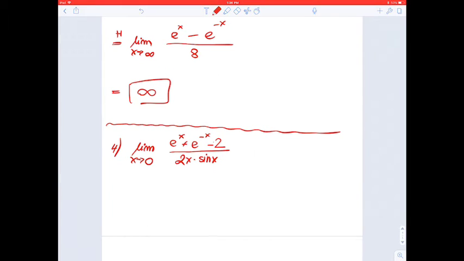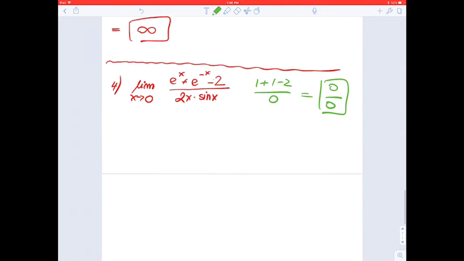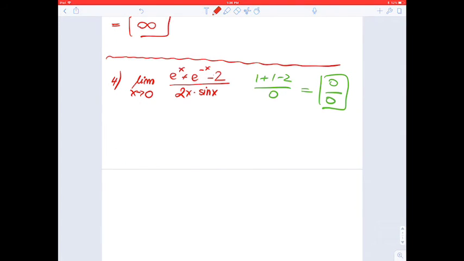Okay, e to the 0 is 1. E to the 0 is 1. That means we can see we do have 2 minus 2, 0. And sine of 0 is 0, 2 times 0, 0, 0 over 0. I think we can use the L'Hopital rule right away. We can't use the growing rates because this is not limit at infinity.